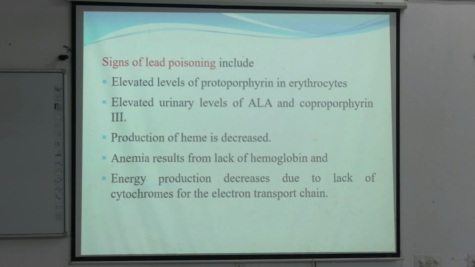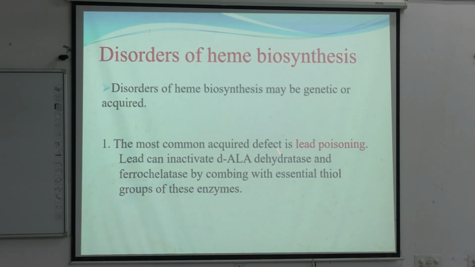Next, the level of ALA and coproporphyrin 3 will also get increased. Why? Because ALA dehydratase helps in the condensation of two molecules of ALA forming PBG. So lead also affects ALA dehydratase, the second step enzyme.